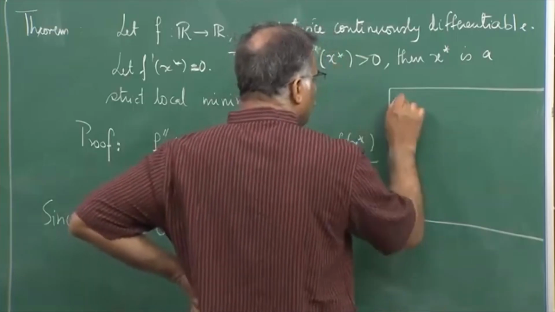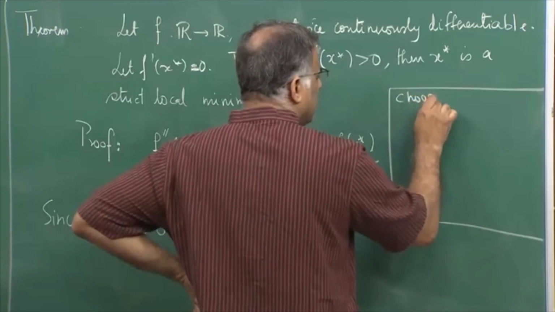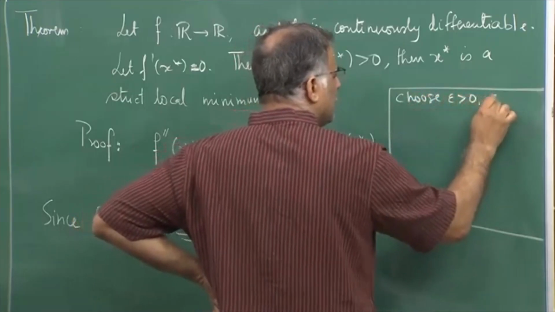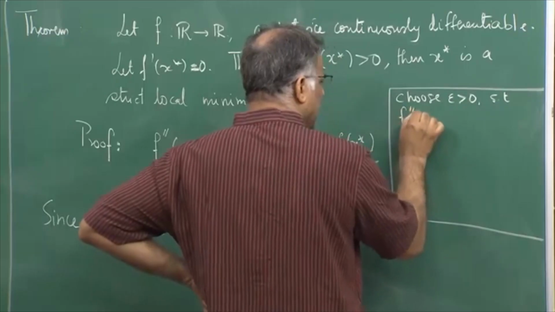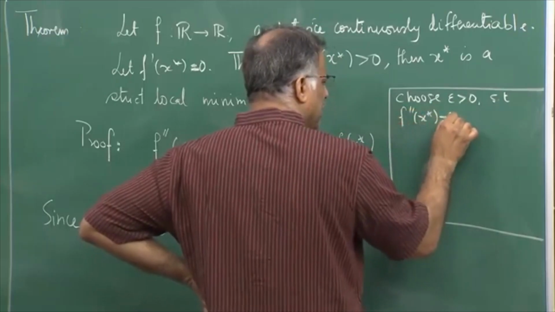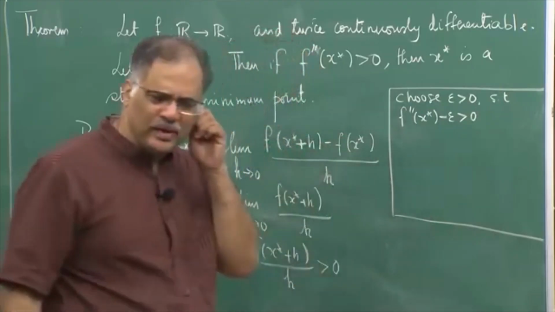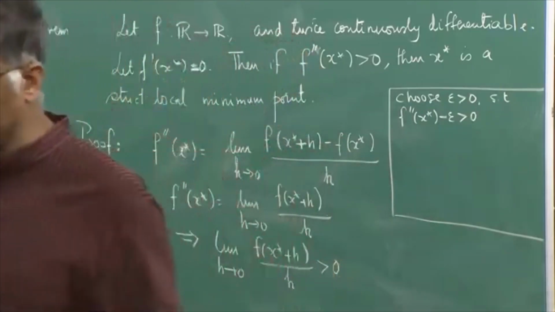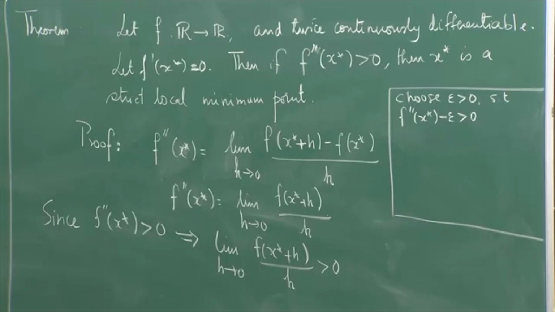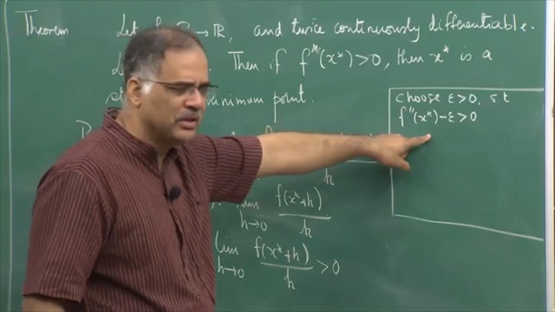Choose an epsilon greater than 0 such that f''(x*) - epsilon is strictly greater than 0. This is possible because f''(x*) is strictly bigger than 0. If I take away a very small quantity, it will still remain positive. Between 0 and any positive number there are infinitely many positive numbers, and that is the key to making this statement. So I can choose this.